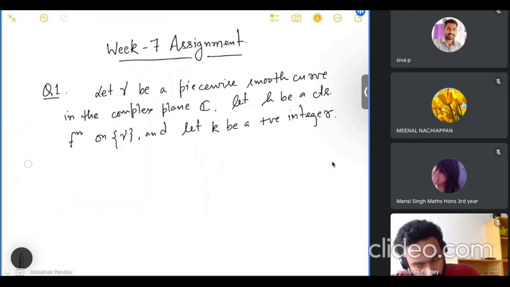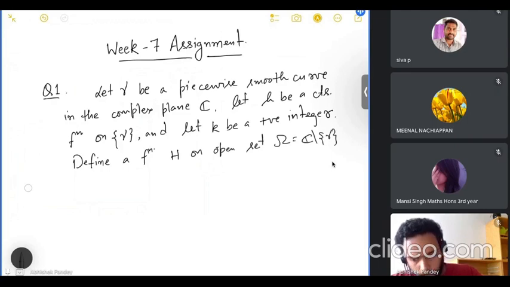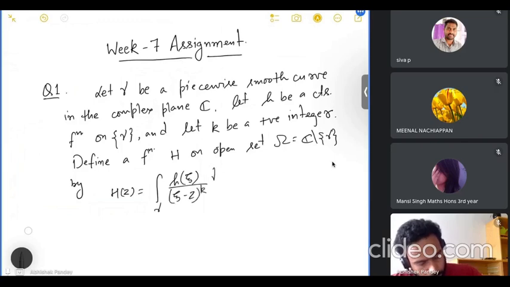So define a function H on the open set omega, which is equal to C minus the trace of gamma, by H of z is equal to the integral over gamma of h of xi upon (xi minus z) to the power k d xi.